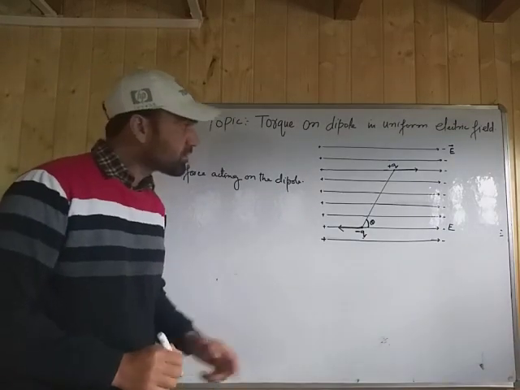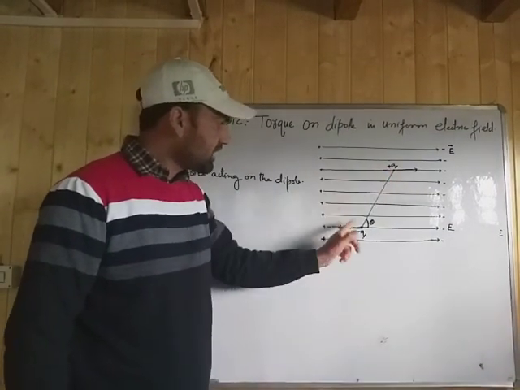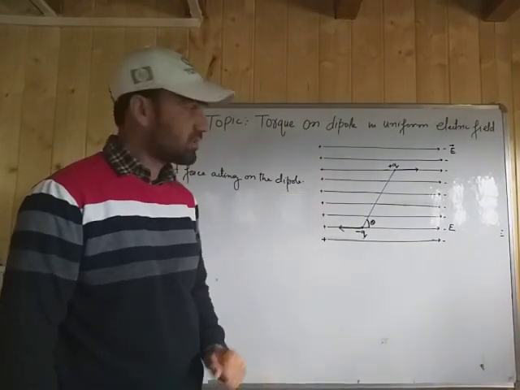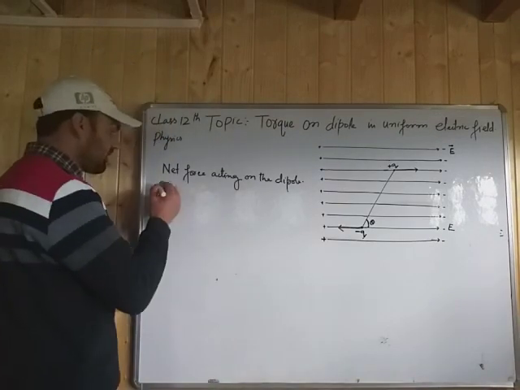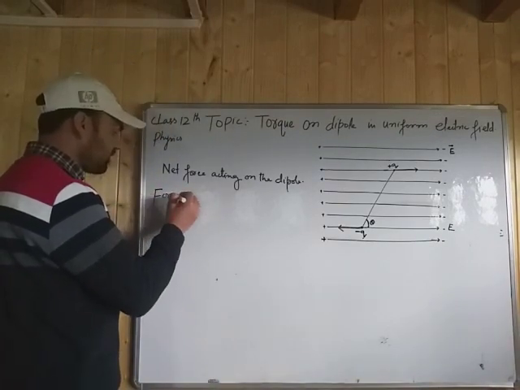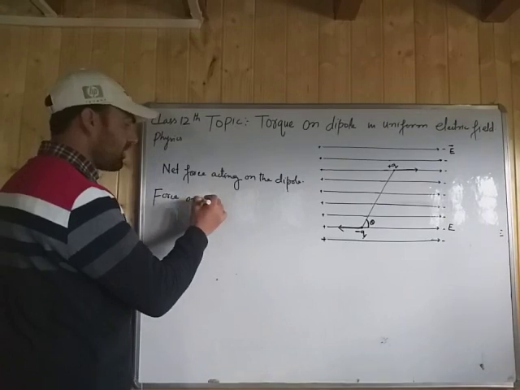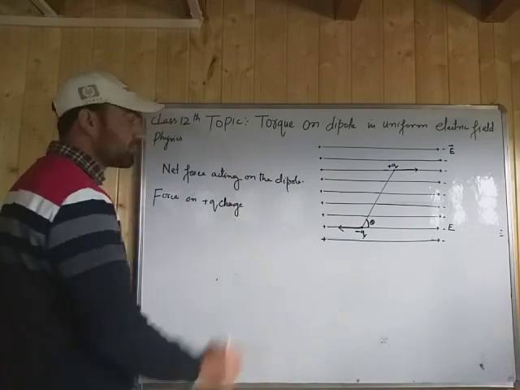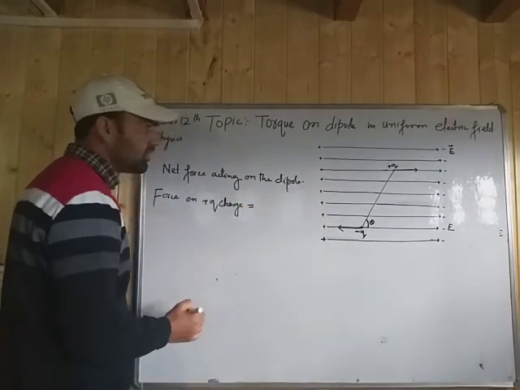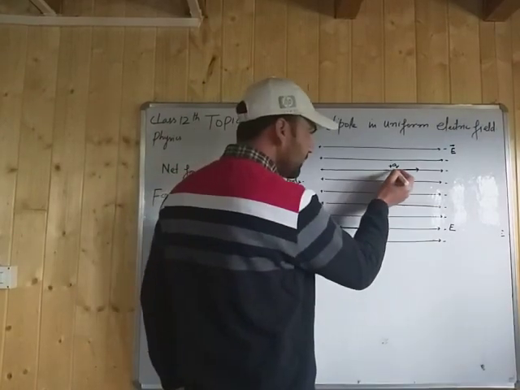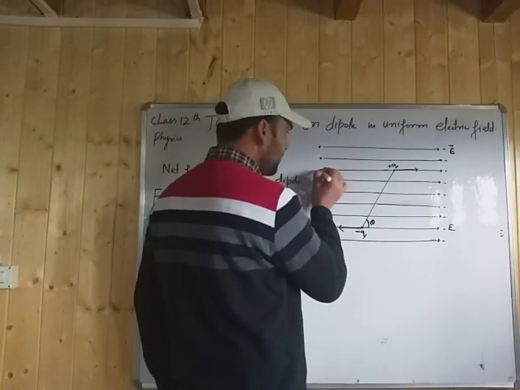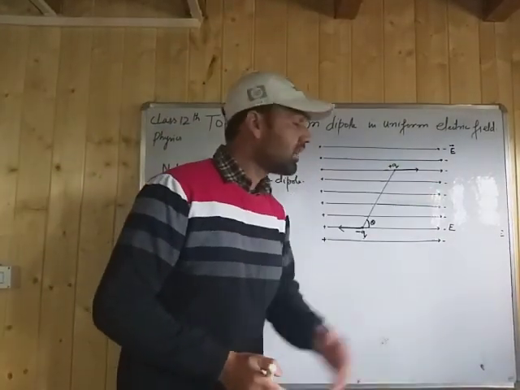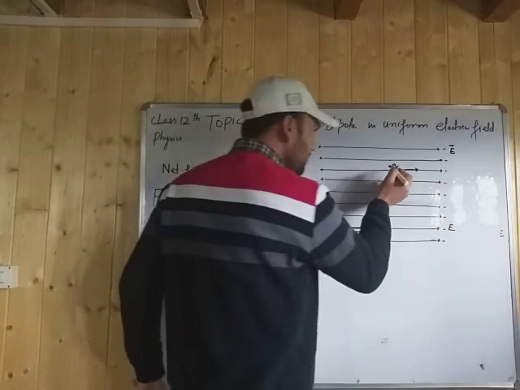This dipole is made of two charges. Number one, the positive charge, and number two, the negative charge. So the force will act on both the charges, and we will calculate that here. First of all, we will calculate the force on the plus Q charge. We know that the electric field is created from a positive charge and moves towards the negative charge.